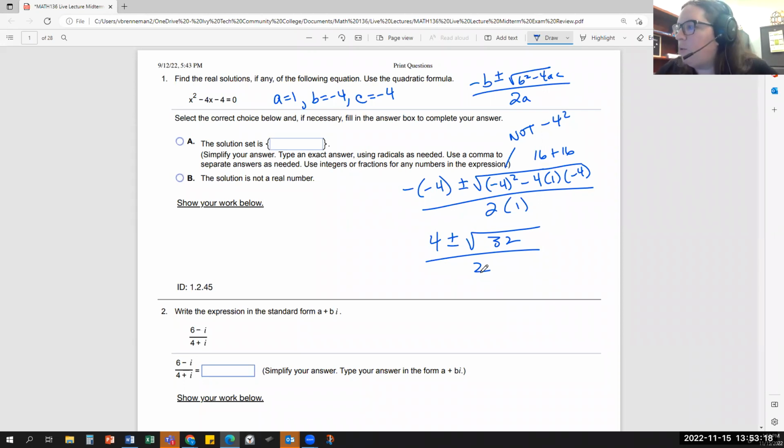Some things to watch out for: you can't just cancel out the 2 with the 4. So it's not just going to be 2 plus or minus square root of 32. The 2 has to apply to both the 4 and the square root of 32. Now it's not then going to be 2 plus or minus square root of 16. We can't divide the 32 by the 2 because one's in the square root and one isn't.